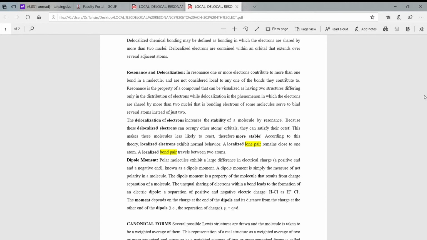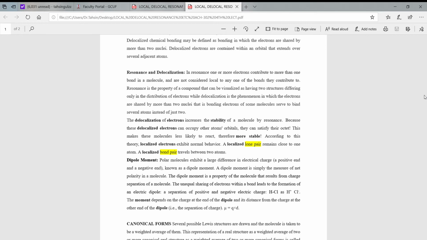Again, a dipole is present here, but the charge and its distance are different, and that is the reason for the difference in both dipole moments: HCl has a different dipole moment and CH3Cl has a different dipole moment. You can measure it.